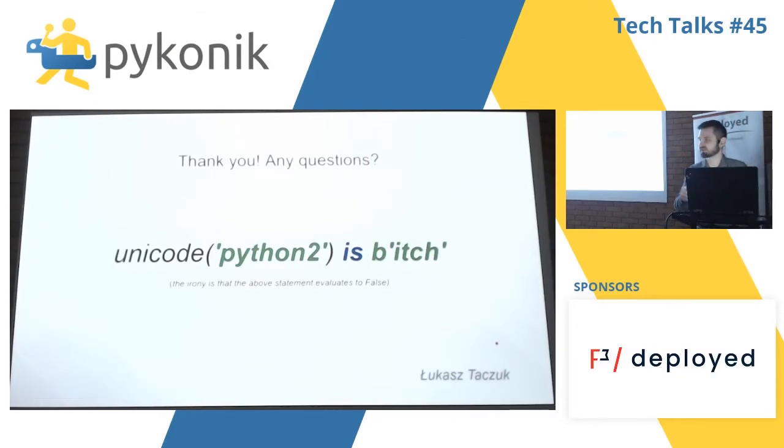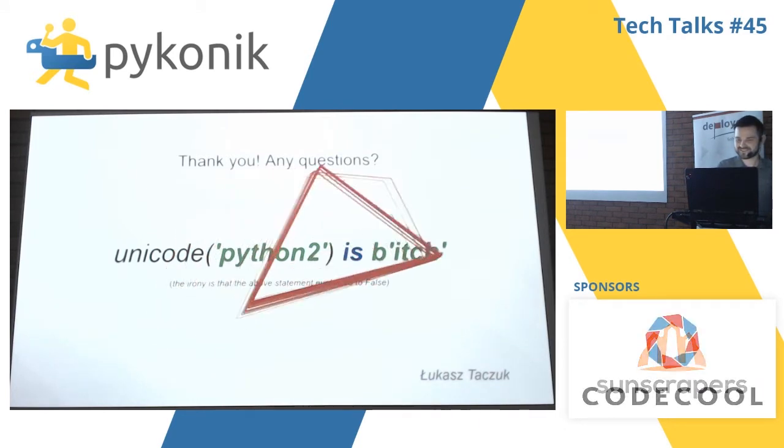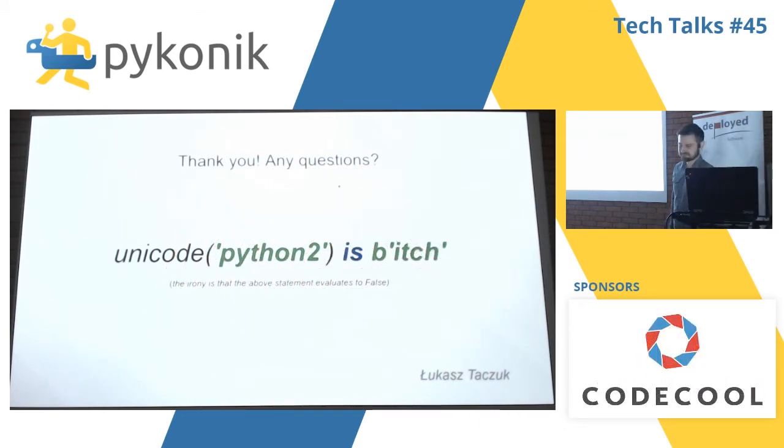Since I'm using a touch screen, which is fine, if I use two fingers, it works like this. But wait for me to use four of them. Okay, so there was also a question at the end.